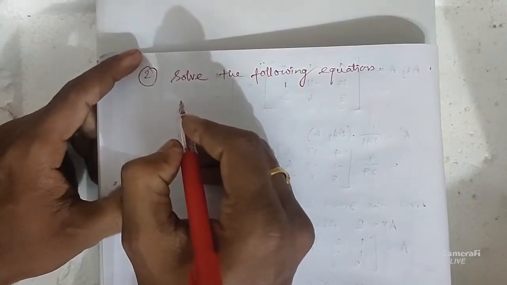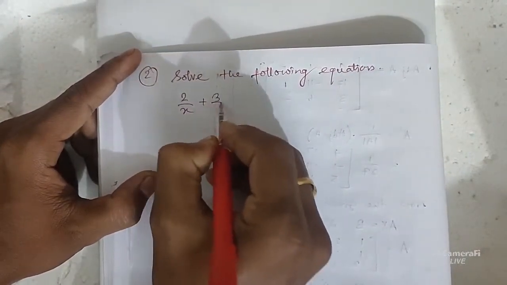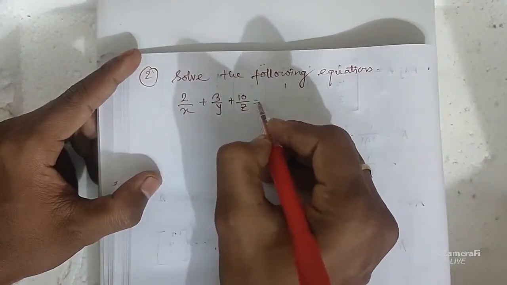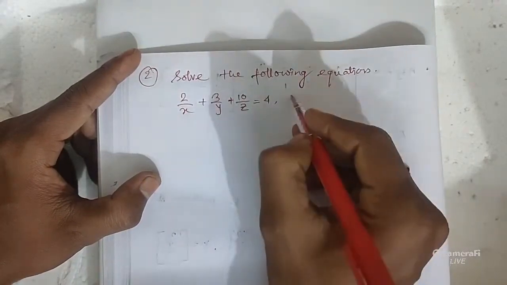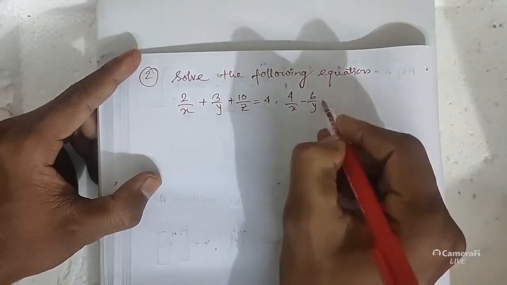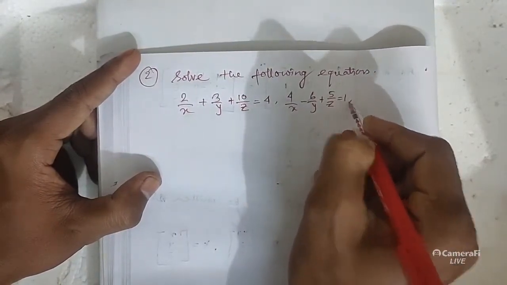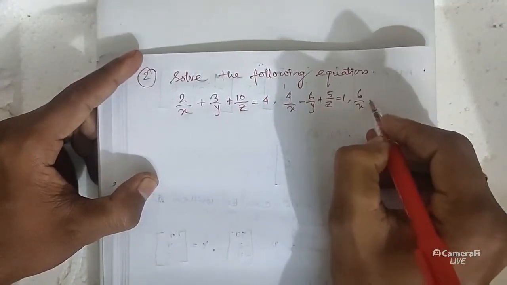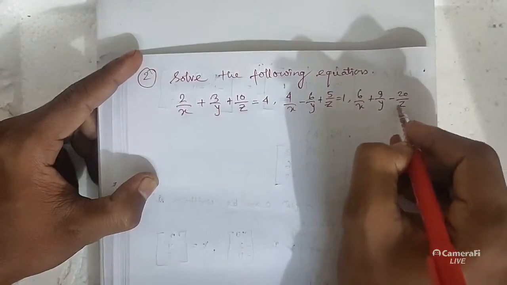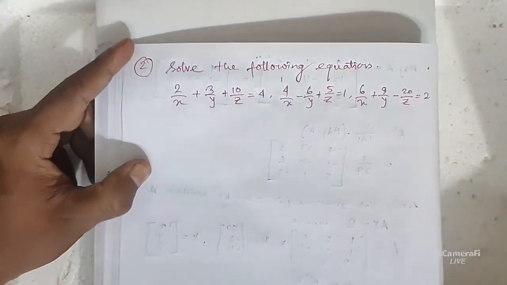Here the equations are given like this: 2 by x plus 3 by y plus 10 by z is equal to 4. 4 by x minus 6 by y plus 5 by z is equal to 1. 6 by x plus 9 by y minus 20 by z is equal to 2. These are the equations.